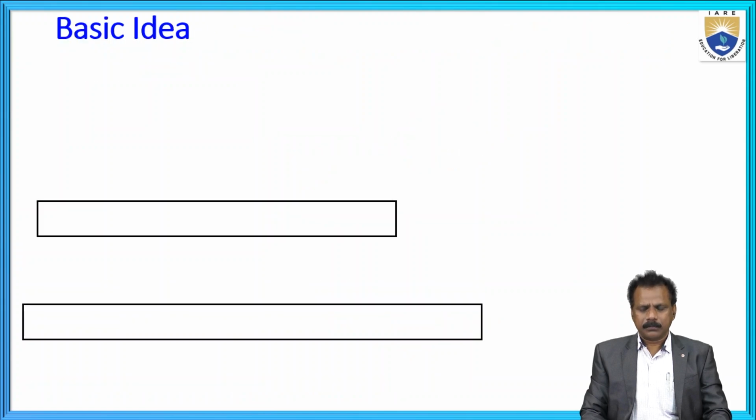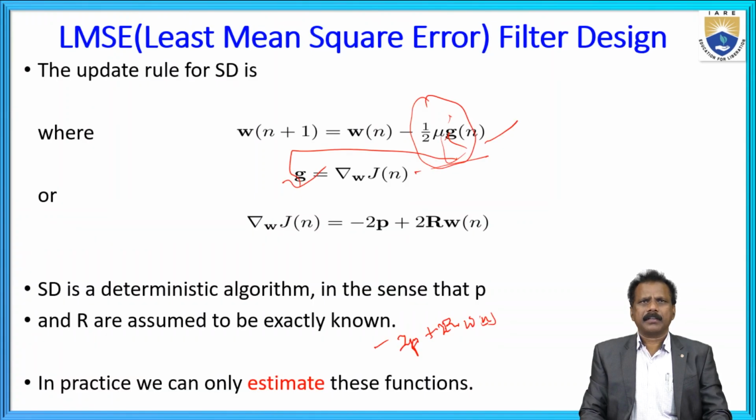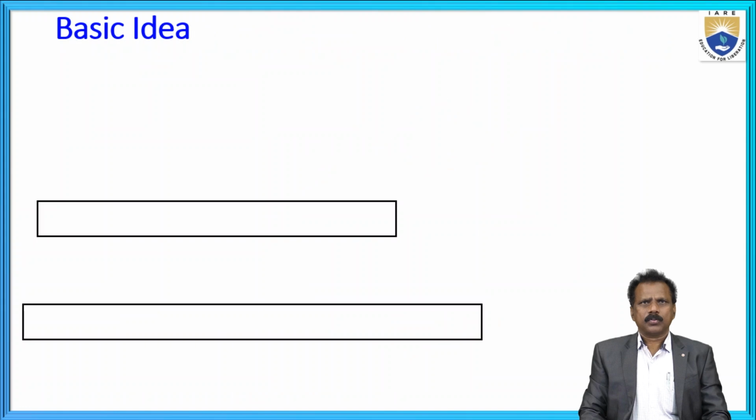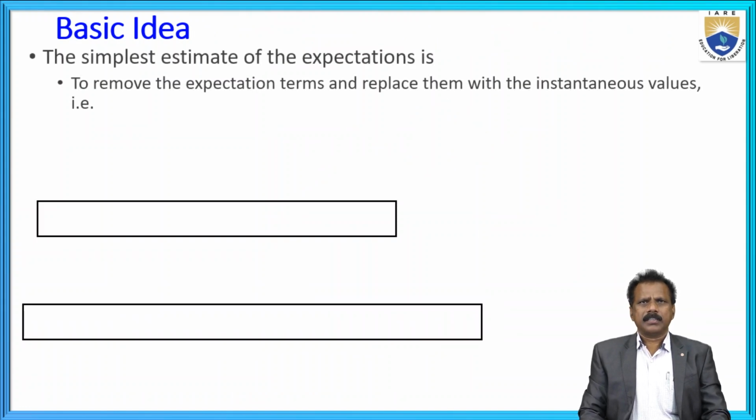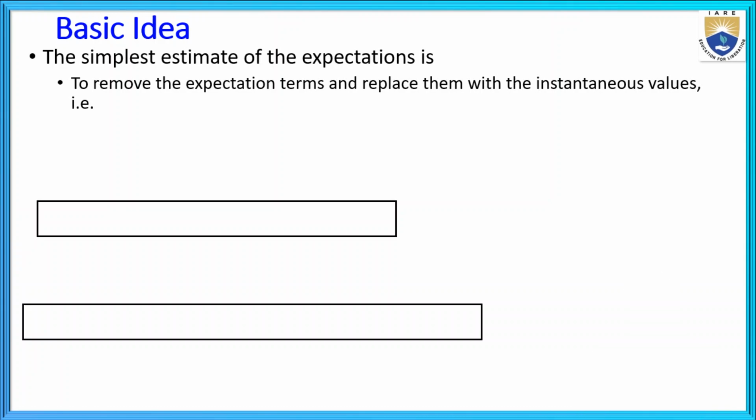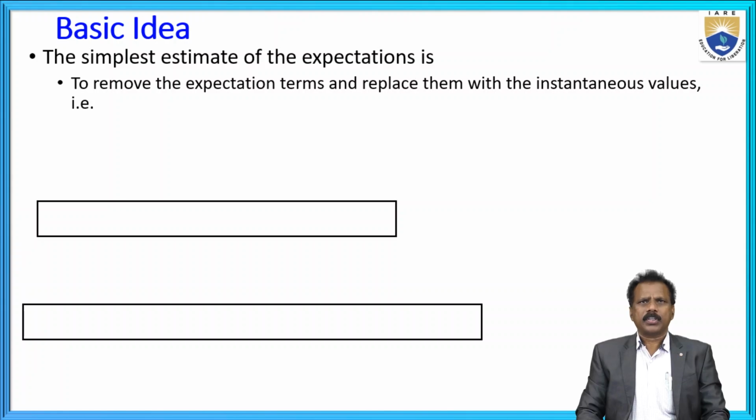So what is the basic idea for analyzing LMSE, least mean square error, with the filter design? The simplest estimate of the expectation is to remove the expectation term and replace it with instantaneous values.